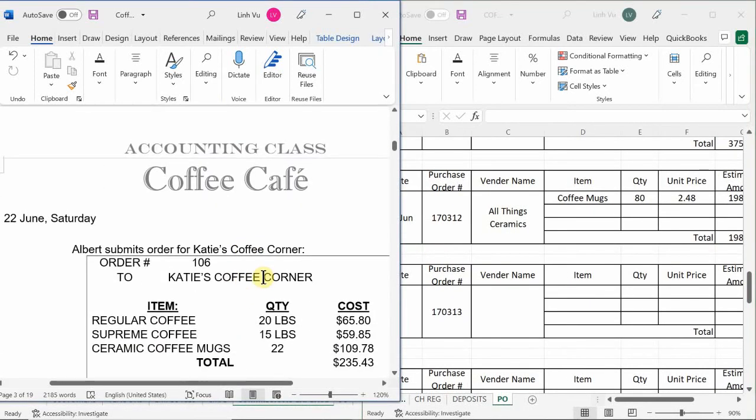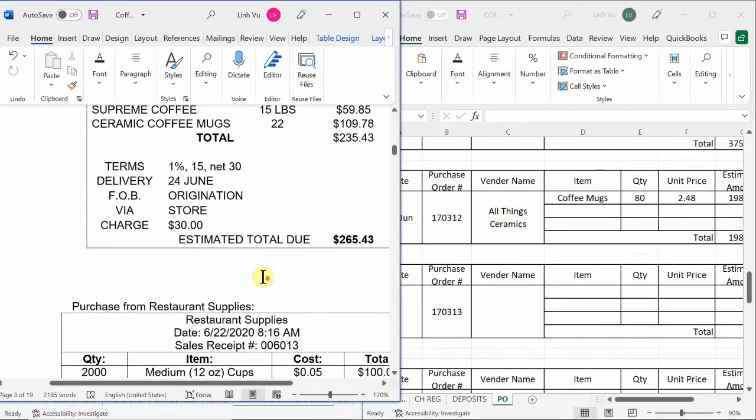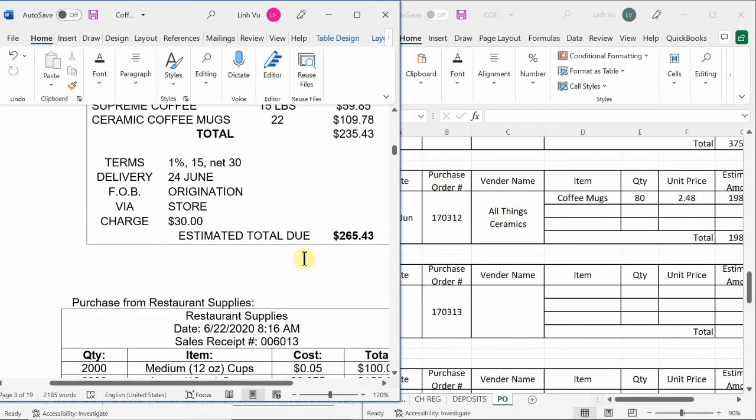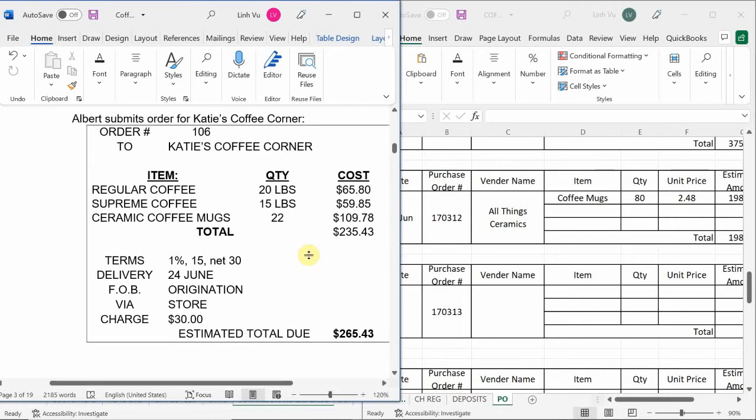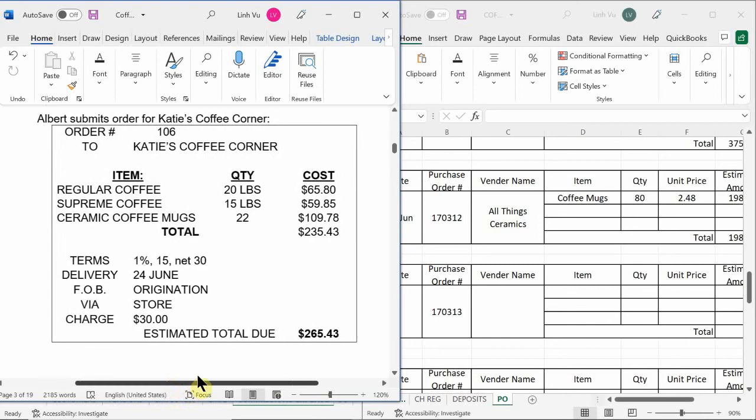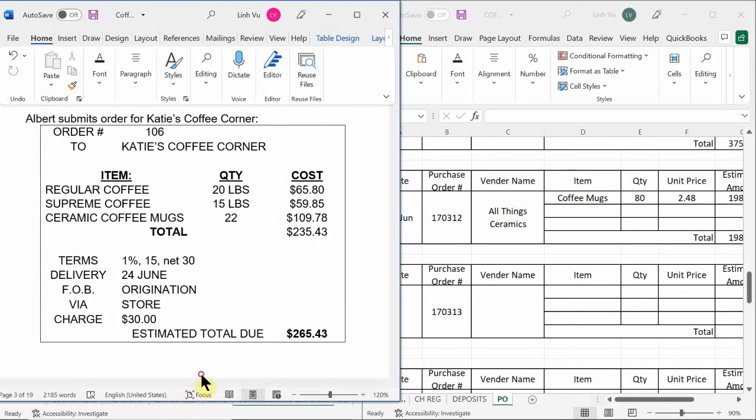So let's see what's next here. Albert submits an order to Katie's Coffee Corner. So what do we have to do with this one now? This is not a purchase order.